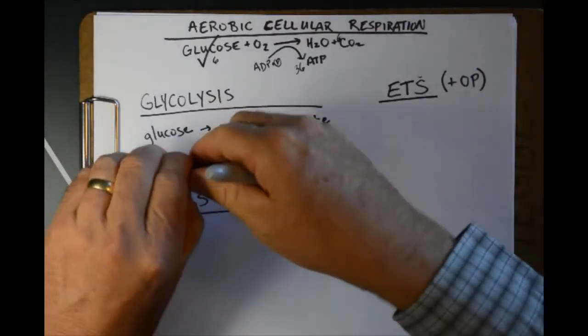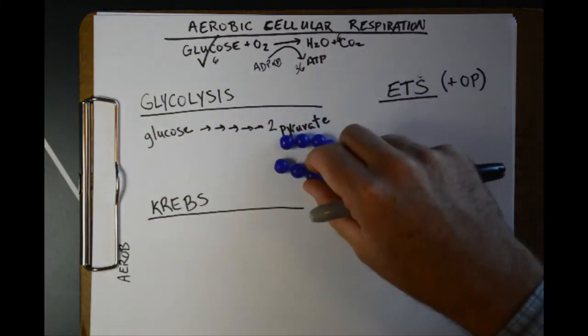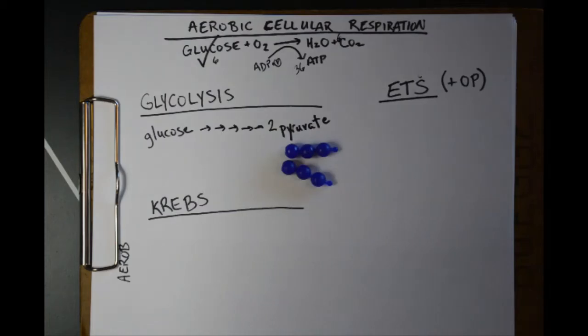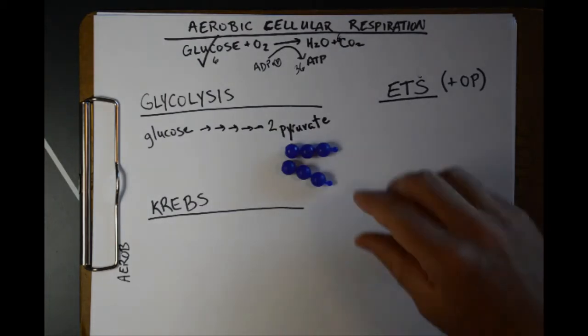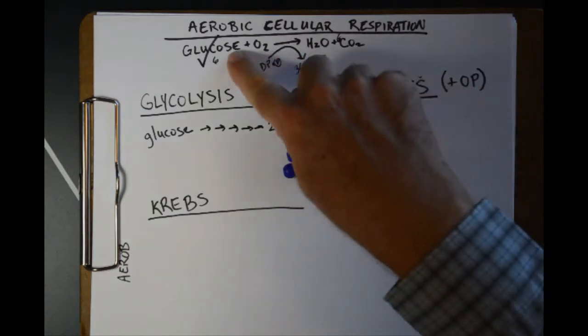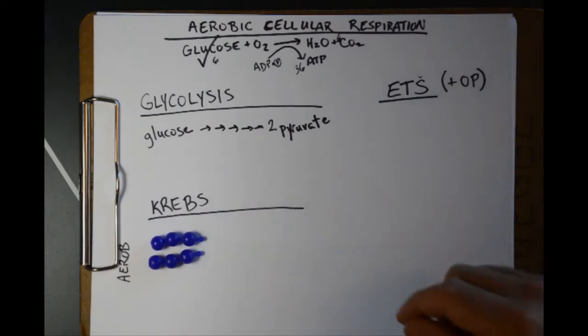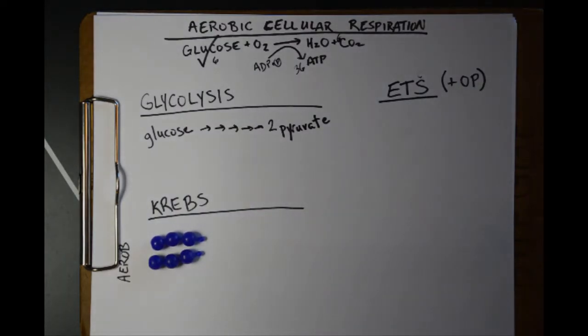So we're going to break that in half. That's going to release energy, and I end up with 2 molecules that are 3 carbons each. All right. Now I'm pretty much done with breaking that down. Don't have anything else from my equation, and these guys get passed into the mitochondria to start the Krebs cycle.